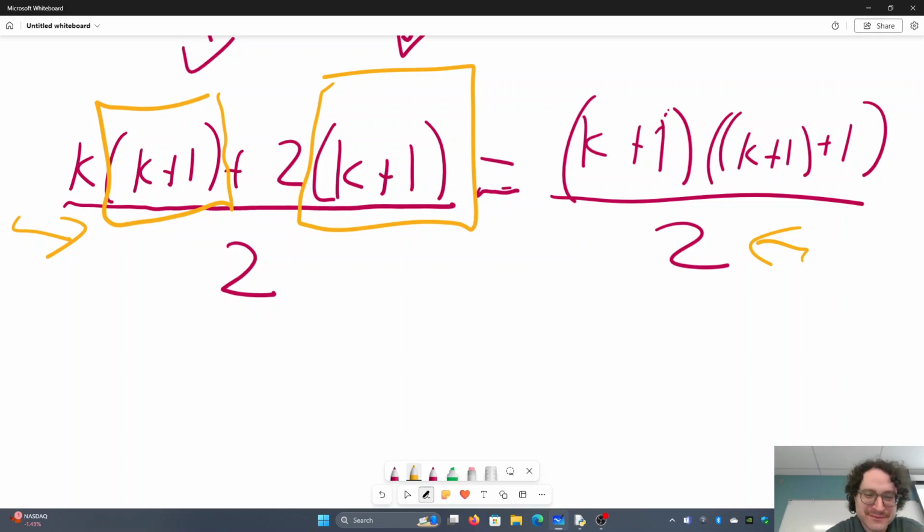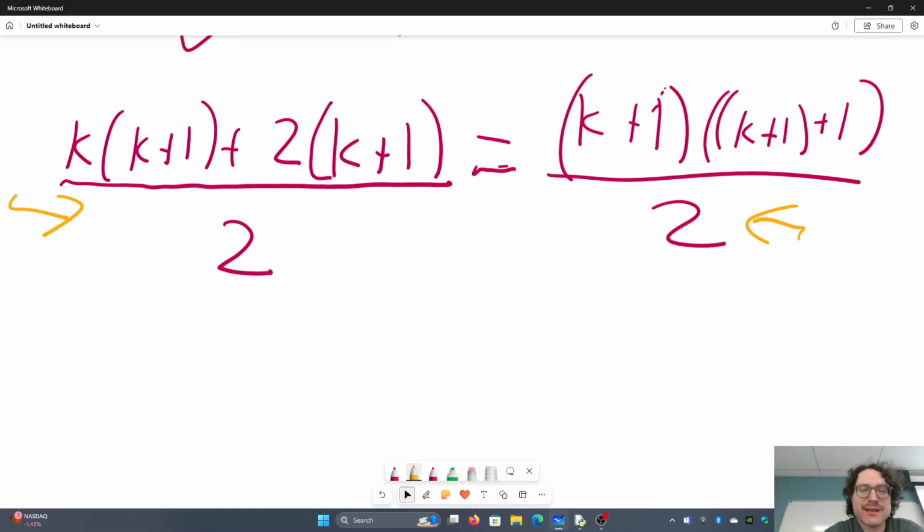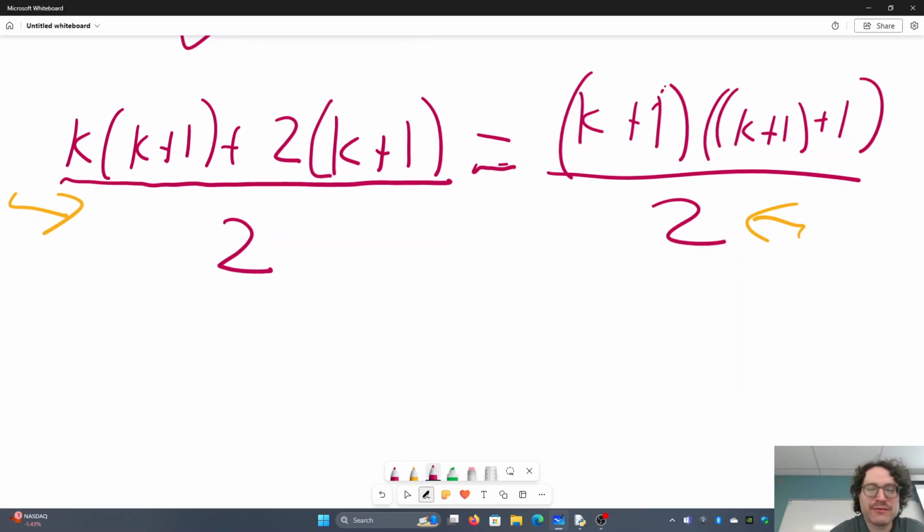So anyway, I'm going to extract that k plus 1 factor out. What does that mean? I'm going to rewrite this equation to be k plus 1, right? This is that common factor over there, times k plus 2.